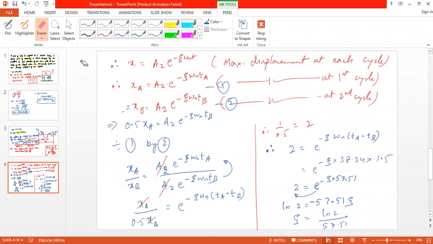See here, since the power is minus, we write it as minus. So what is the answer? Minus 0.012.